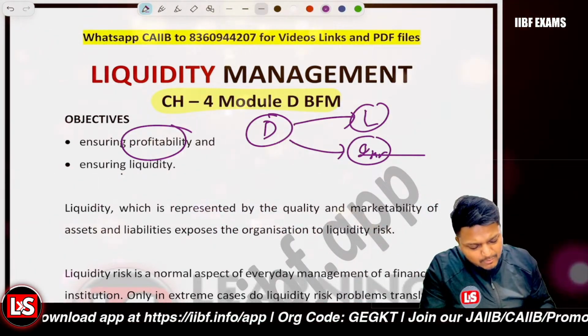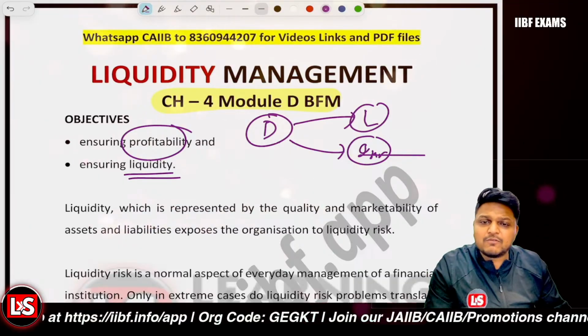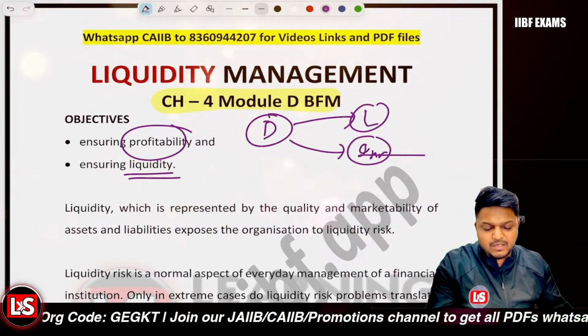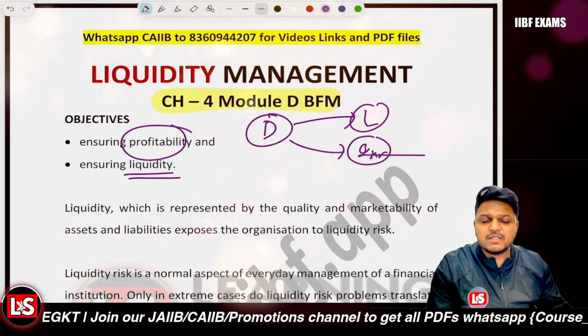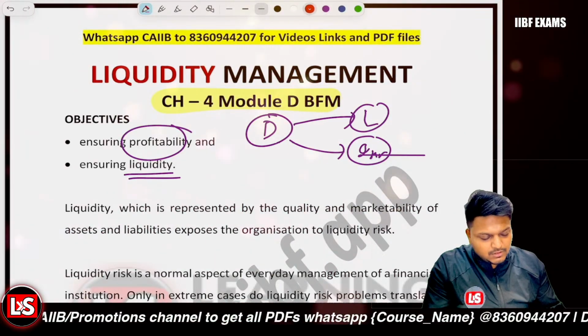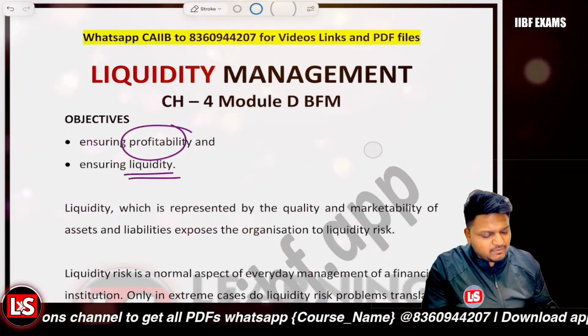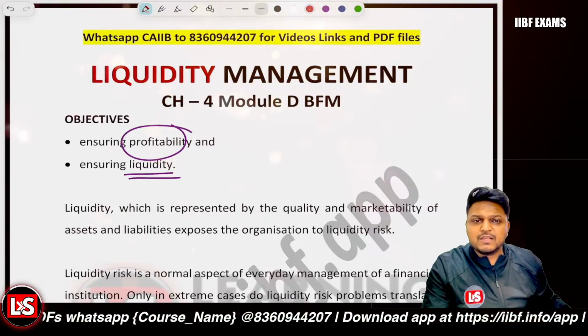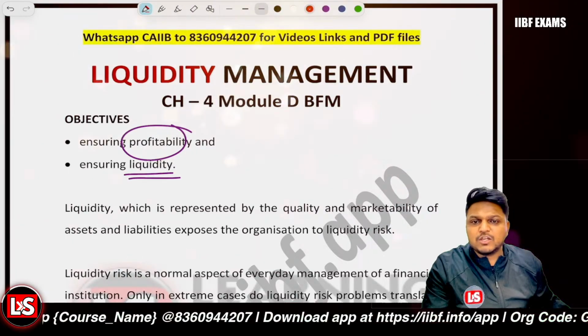The second objective is that we must have liquidity available so as to meet our obligations.